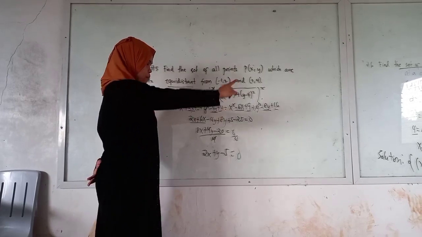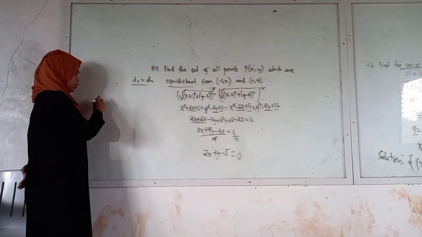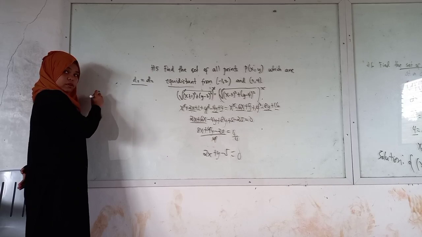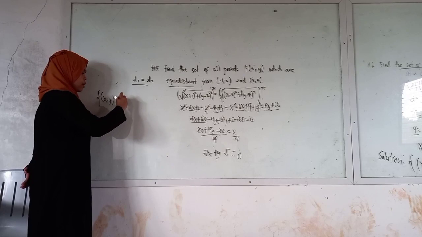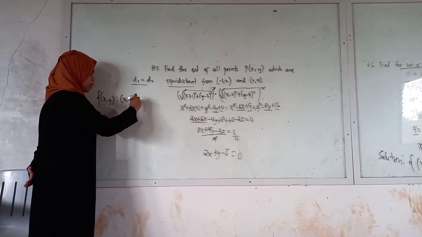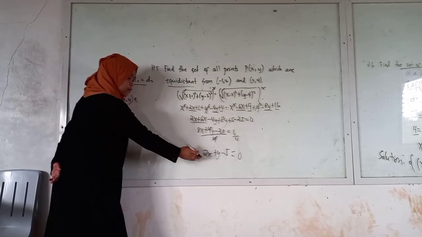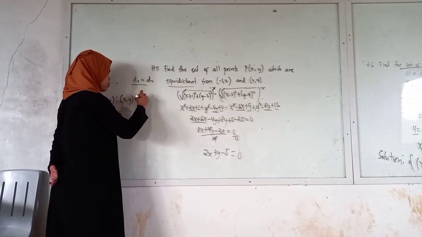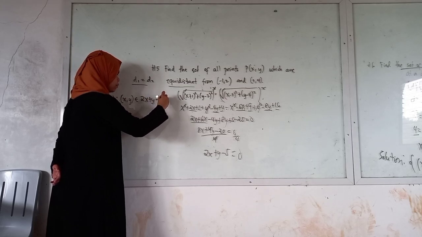So, ito yung same answer doon. So, paano isulat yung solution? So, xy, coordinates xy such that xy is an element of this equation. Or such that xy satisfies this equation. So, 2x plus y minus 5 is equal to 0.